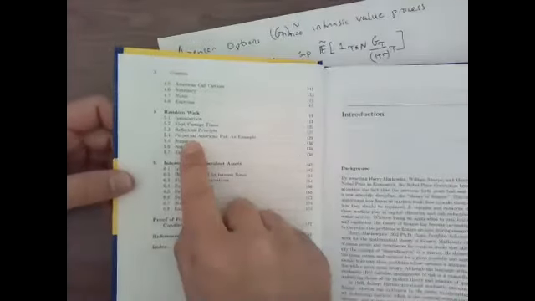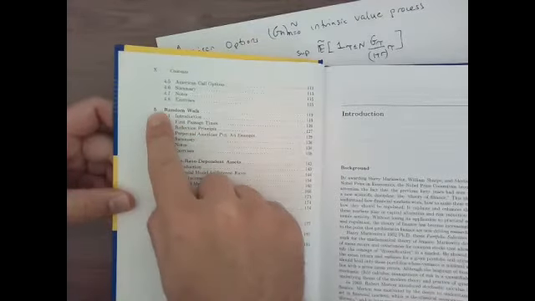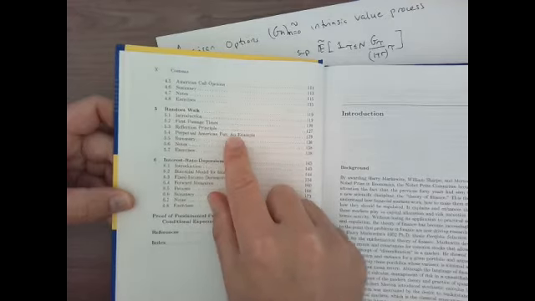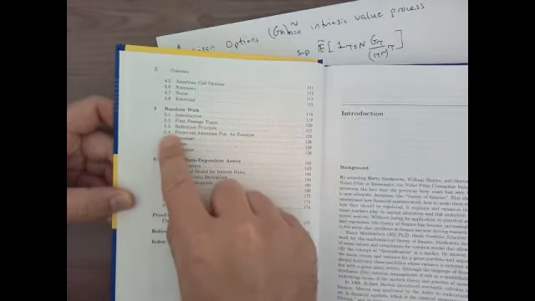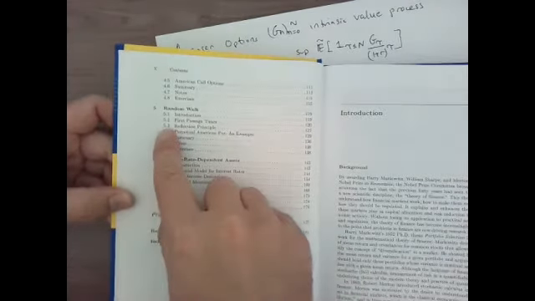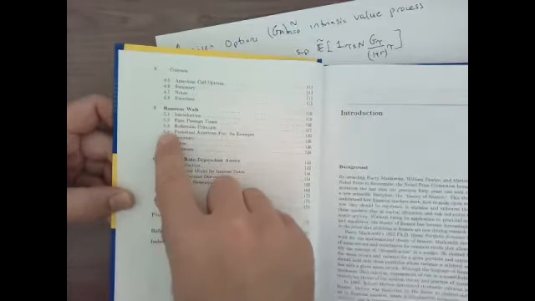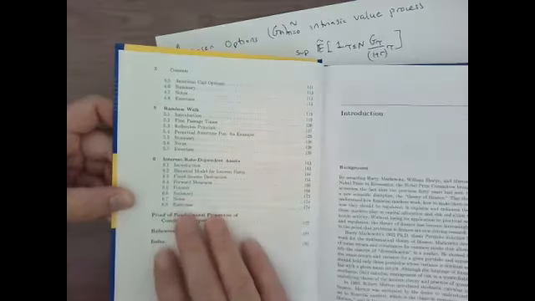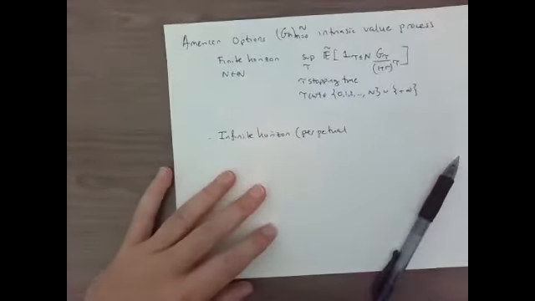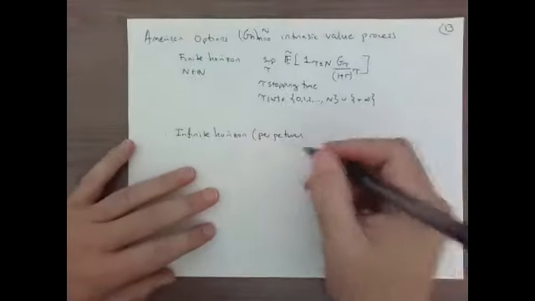What we are looking at for the perpetual ones is in section 5 that we've been working in. The perpetual American put is the example in section 5.4 that we are about to do. We're not going to be doing 5.3, we'll do 5.2 and 5.4. So this is the perpetual.